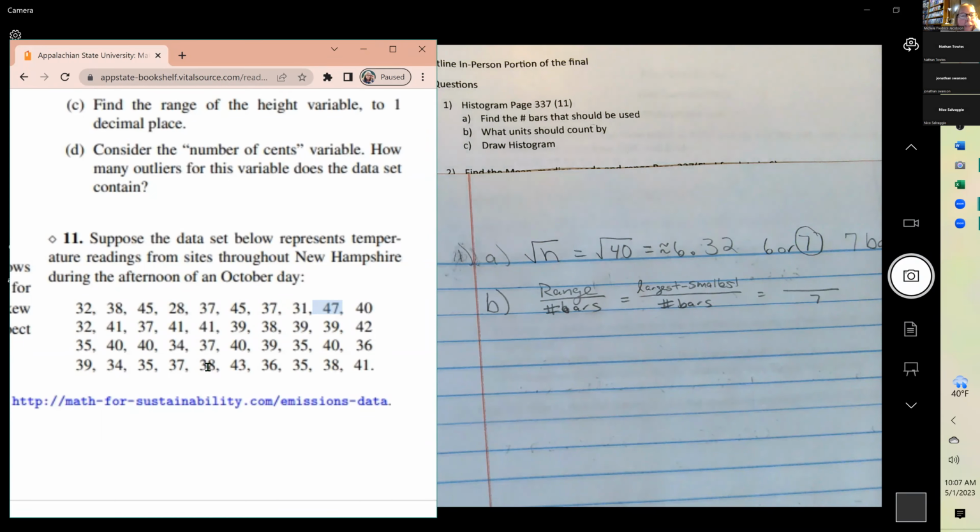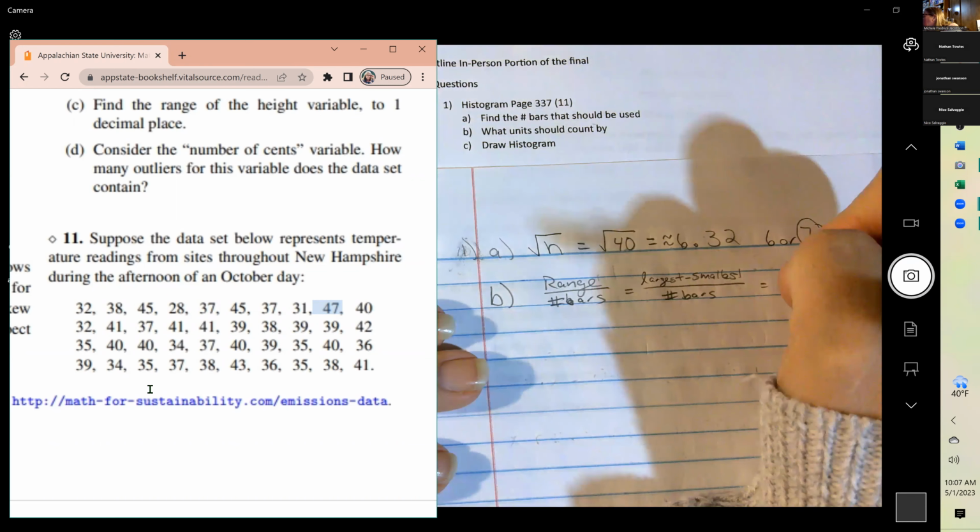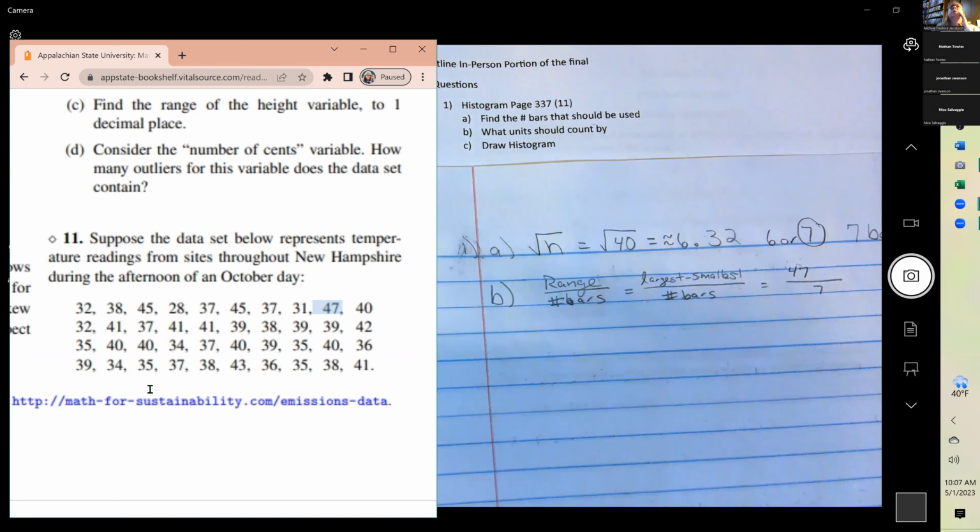Does anyone see anything larger? I don't. Is everyone finding 47 as the largest? Here's a 31 for the smallest. 28.